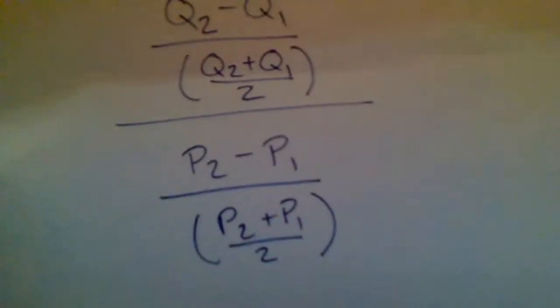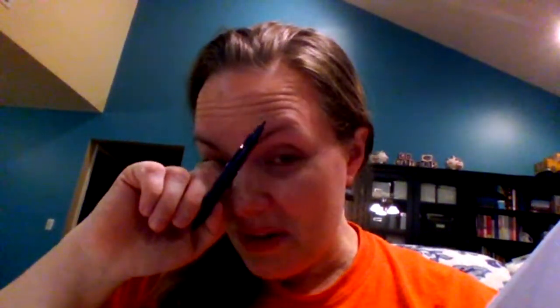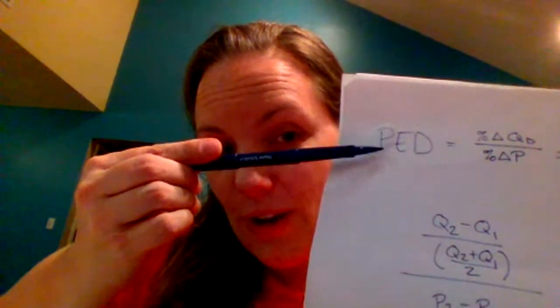Okay. Now, when you guys took the quiz last Friday, a lot of people did the formula right, but they didn't get the points because I got really upset. They found the coordinates for the supply curve, not the demand curve. This one is the PED. When it's asking for elasticity of demand, you have to use the coordinates on the demand curve.